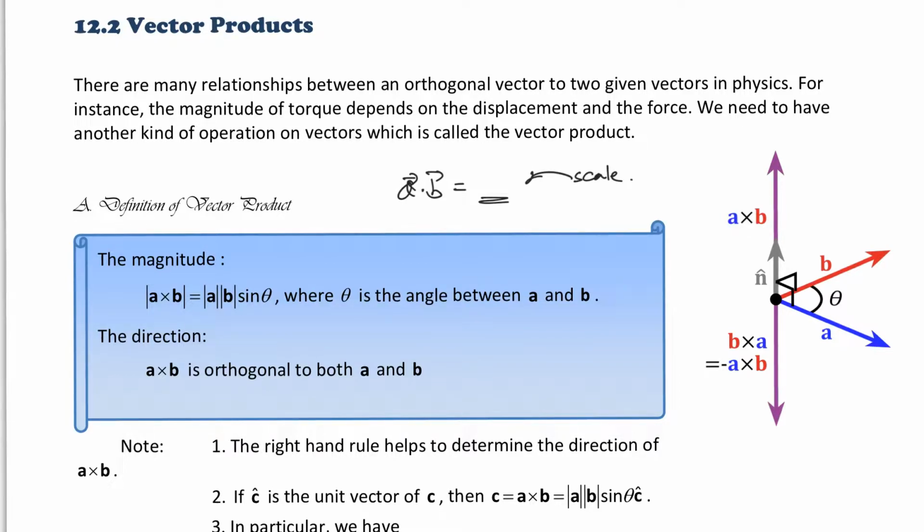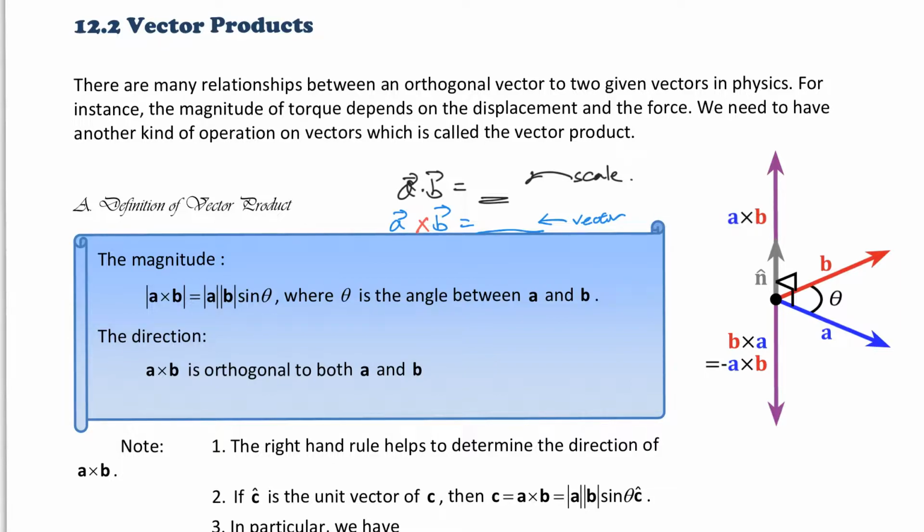How about vector product? We'll use cross to represent the relationship. So if I want to find A cross B, not only the definition but also the outcome is a vector, so we'll call this vector product.